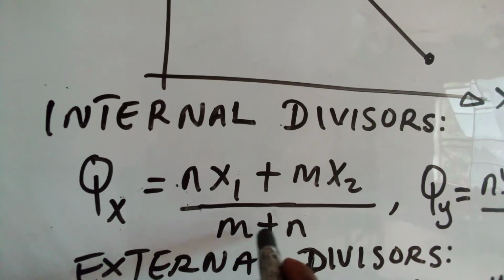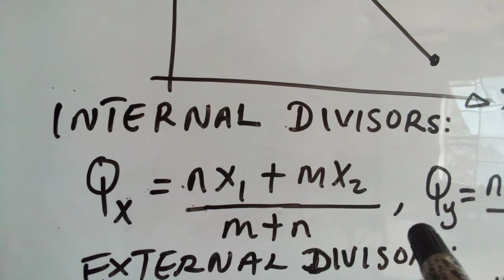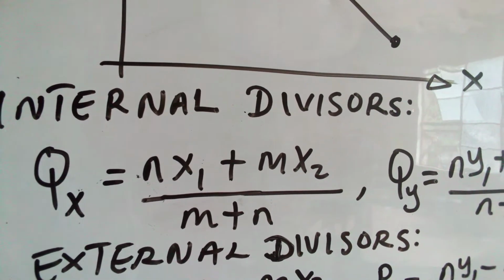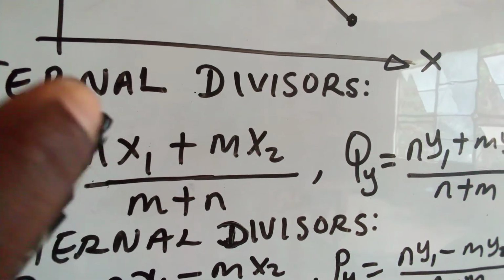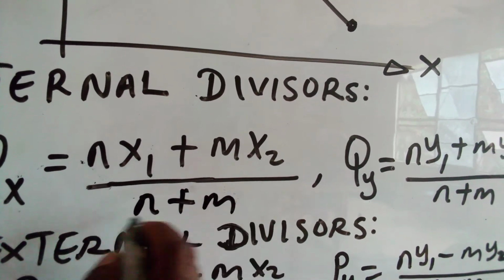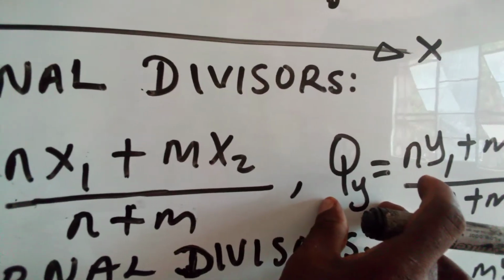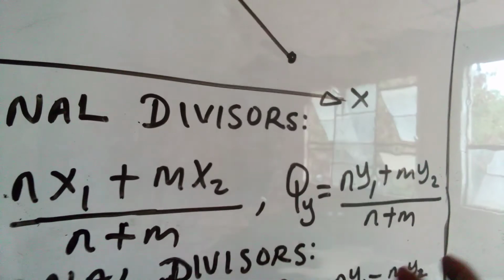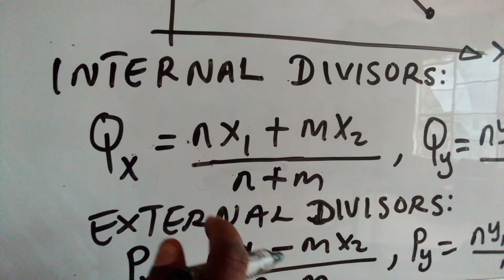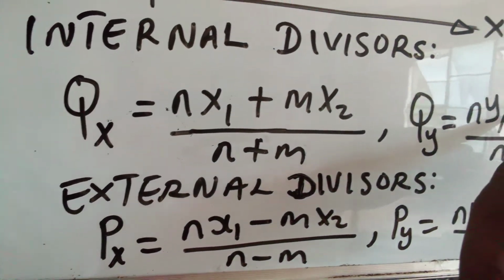N and m mean that ratio. The first one is m, the second one is n. So if it is for the y coordinate, this is the formula. But if this is the external divisor, the same thing. The only difference now, you change this plus to minus.